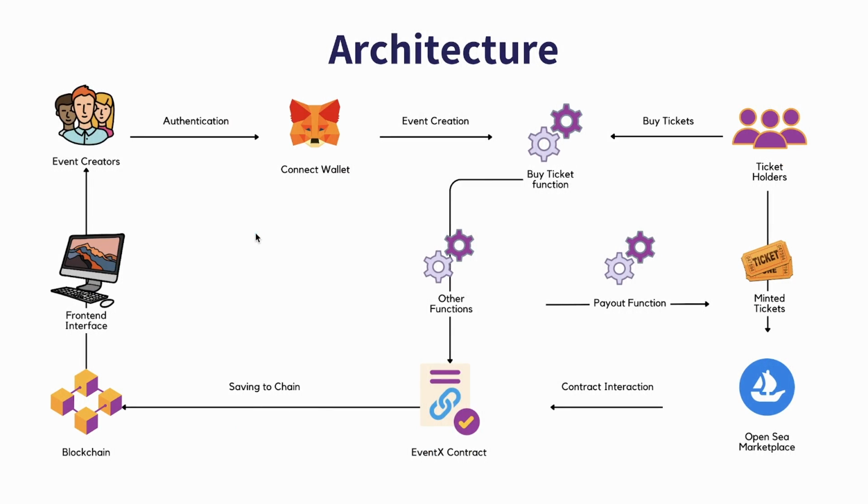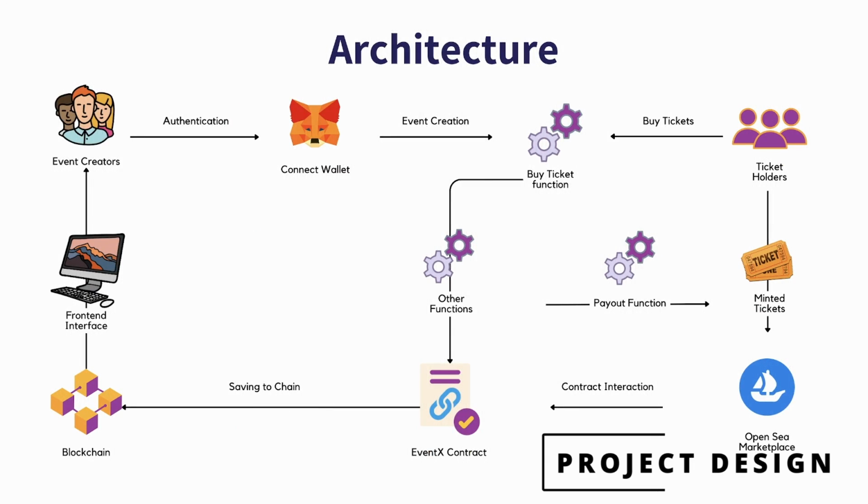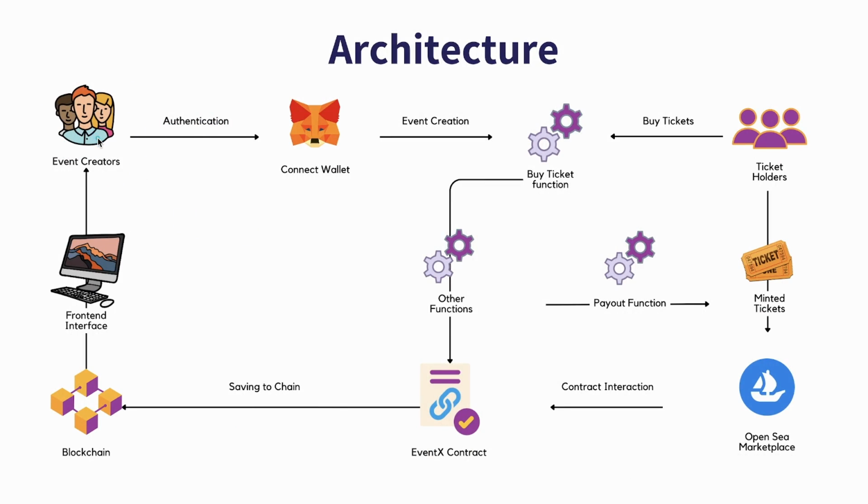Okay, so this is how our event marketplace looks like. So we have event creators, which could be anybody that has an event that wants to list it on our platform. The person can come here. He has to be authenticated with MetaMask.